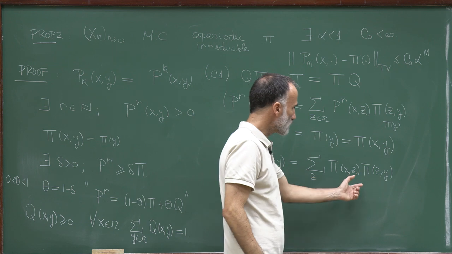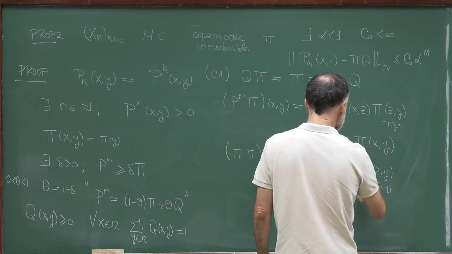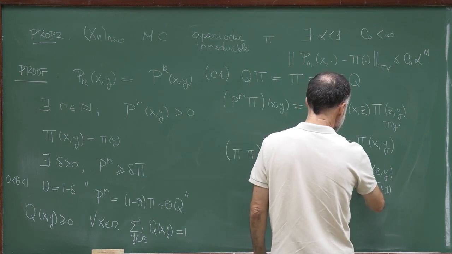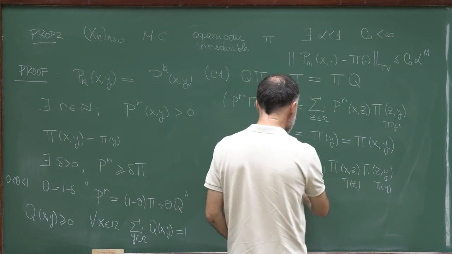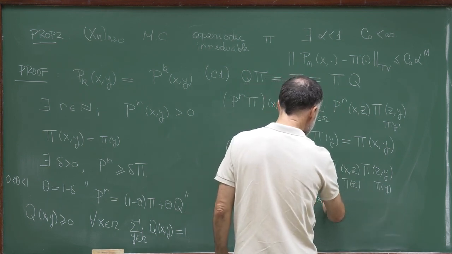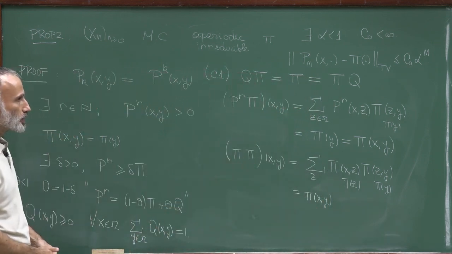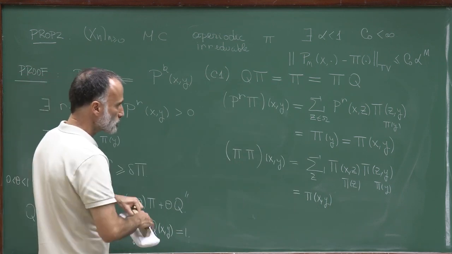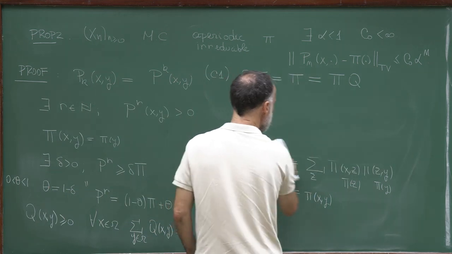But pi depends only on the second coordinate, so this is pi of y, and this is pi of z. Pi is a probability measure, so if I sum over z, I get 1. So this is pi of y, and pi of y is equal to pi(x,y). So I get that these two products give me pi. Fine, so I will erase these two identities.